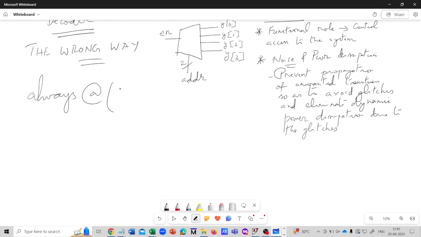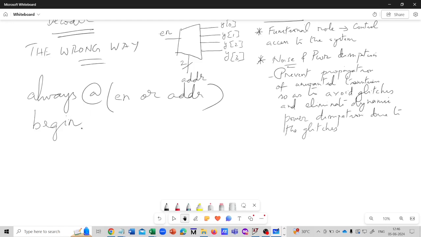So assuming that the output is a vector and the address is also declared as a 2-bit vector, we have two signals at the input, that is the enable and address, which form part of the sensitivity list.